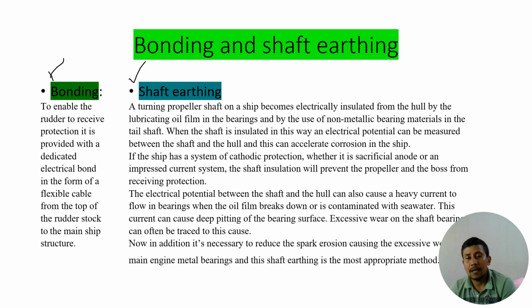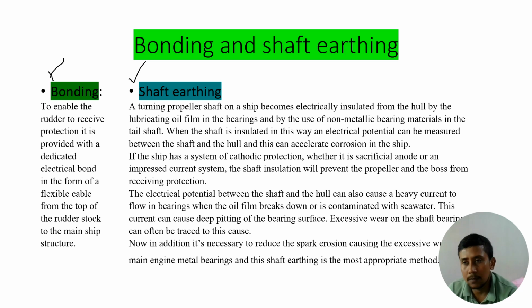Okay. And the number three reason for the shaft earthing is to prevent spark erosion on board ship. We will discuss what spark erosion is in some other video later. Now, spark erosion is simply a small welding, and it happens when the shaft earthing is not working, or you don't have shaft earthing on board ship, and the potential difference between shaft and hull increases.